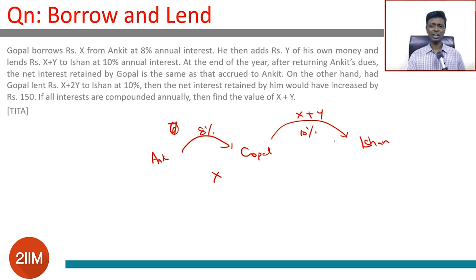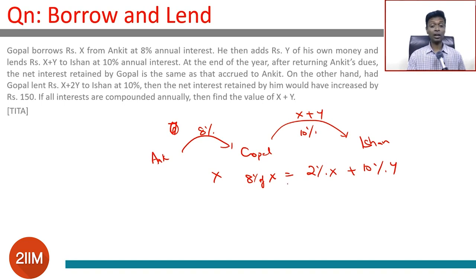After returning Ankit's dues, the net interest retained by Gopal is the same as that accrued to Ankit. So he gives 8% of X. He gets 10% of X plus 10% of Y. Remaining will be 2% of X plus 10% of Y. This is the same as 8% of X. That's what this question is saying.